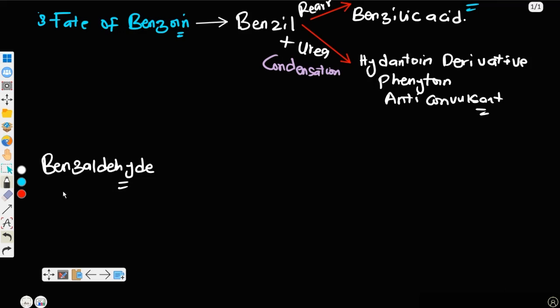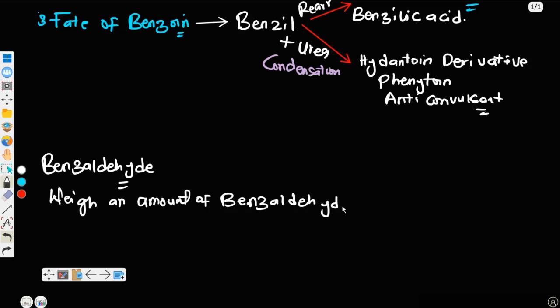So you are now going to say weigh or measure, in this case now, weigh 20 grams or weigh an amount. You may not state the amount of benzaldehyde. That is one of the steps.